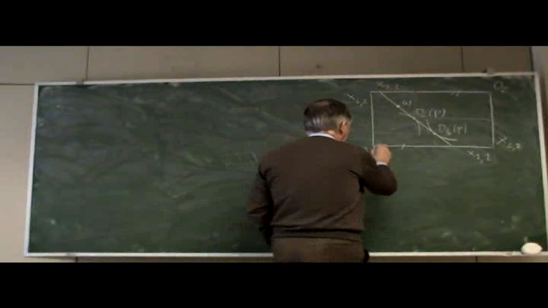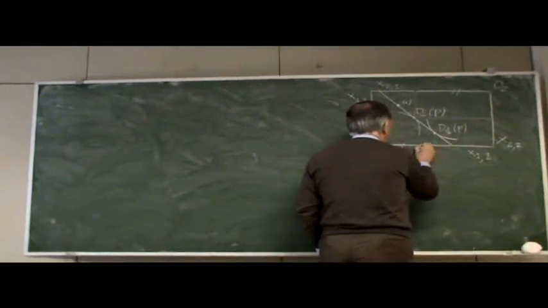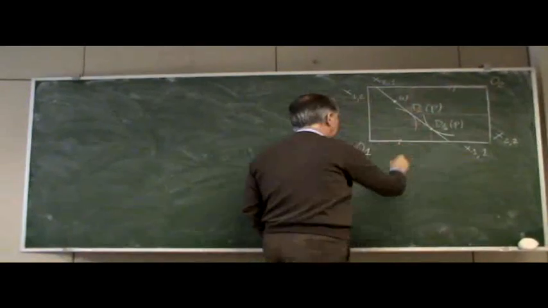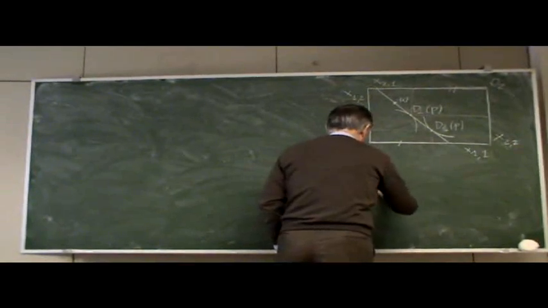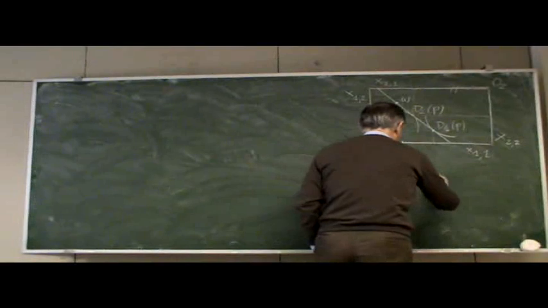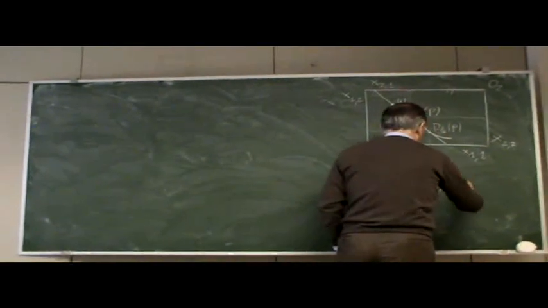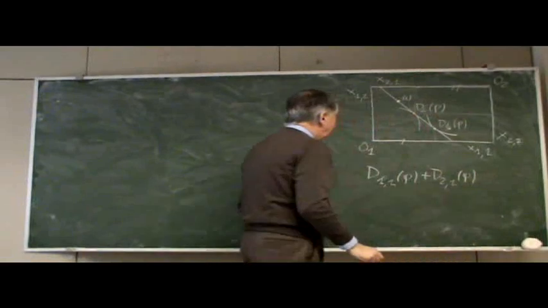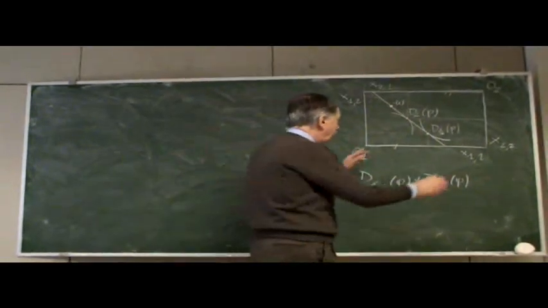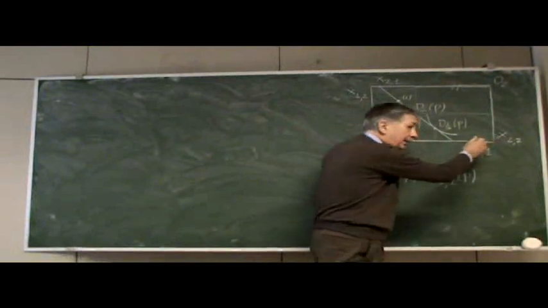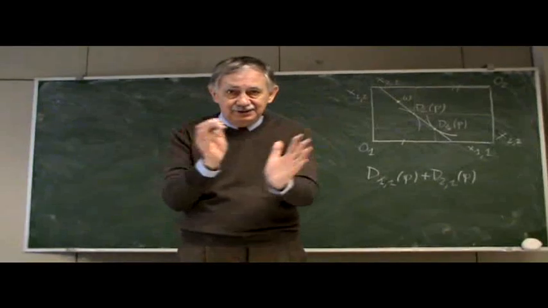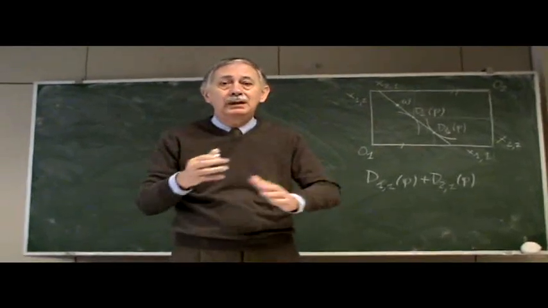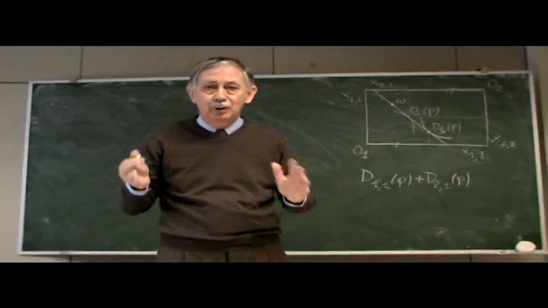So, if you sum this segment and this segment, the total demand of good 1, that is D1 of P plus D2 of P, you observe that this sum is superior to the length of the base of the Edgeworth box. But the length of the base is nothing but the total initial endowment of good 1.